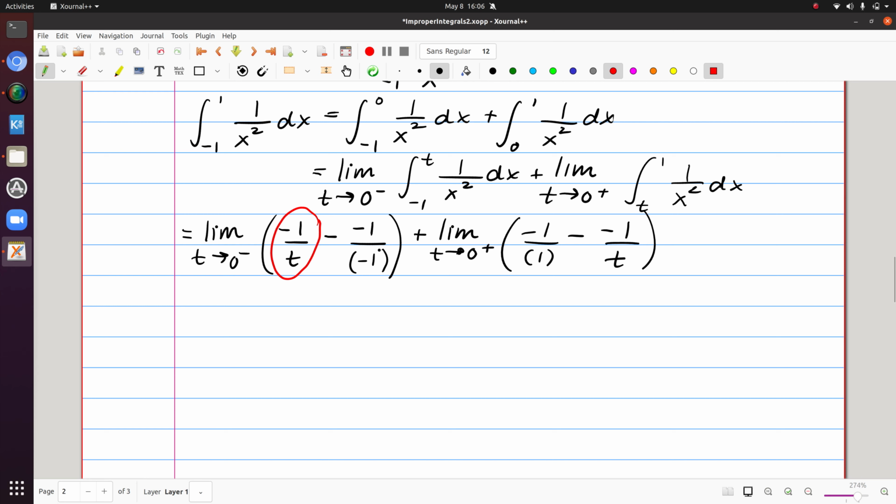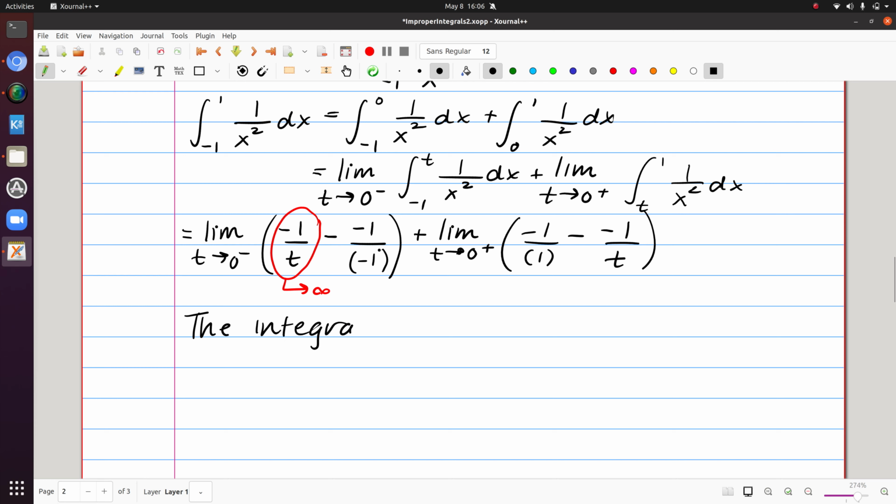So we're approaching 0 from negative values. Technically, you could see it's going to go to infinity. So what we have to do here is we have to be very careful with that. As soon as I see that that's not approaching a finite value, I stop and I say that the integral diverges.